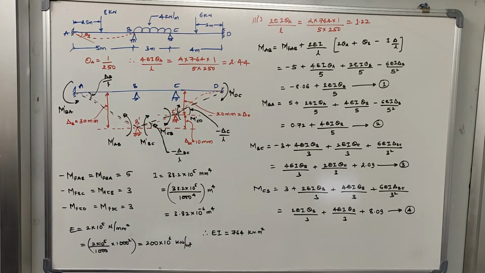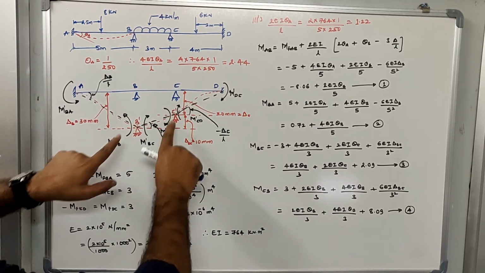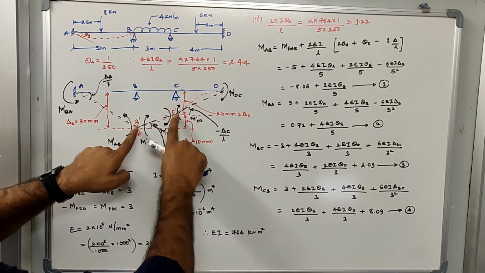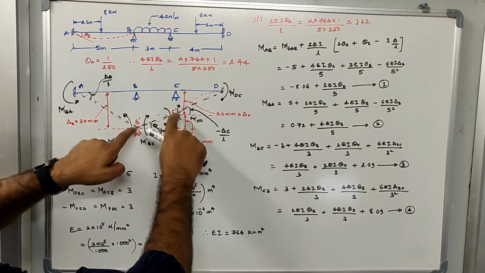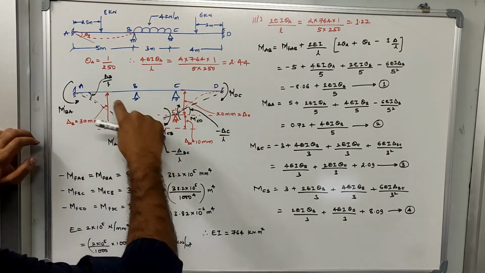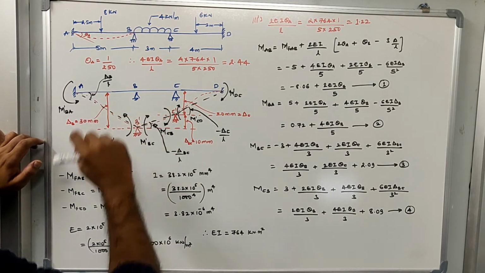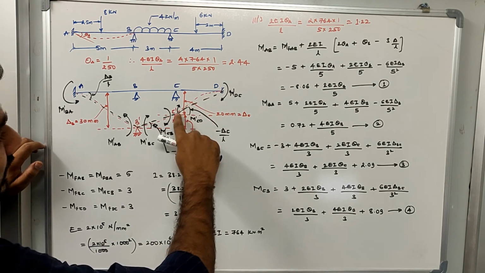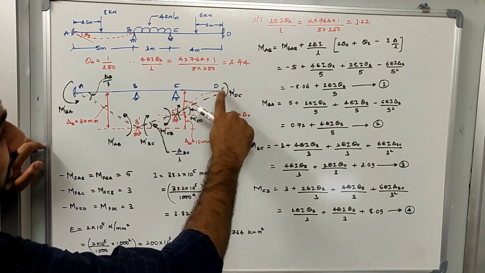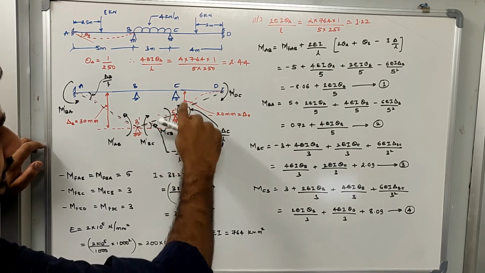Now next going to member BC. If I go to member BC, we will try to understand what is the difference in the elevation between B dash and C dash. So if delta B is 30 mm, let us focus on delta C. Delta C is representing the difference of elevation between C dash and D, or the sinking of C dash.